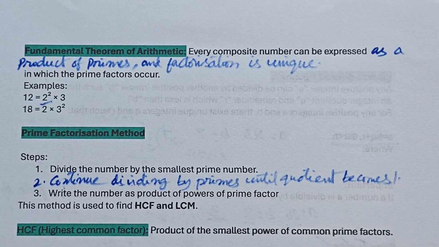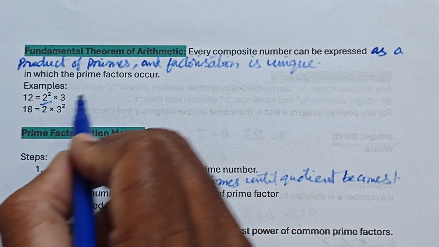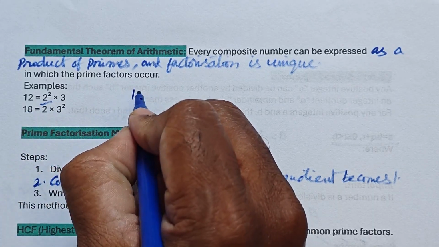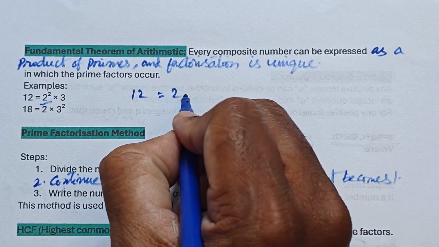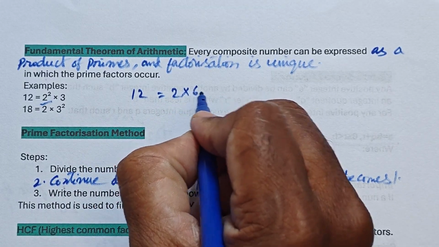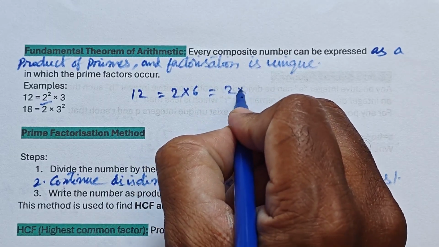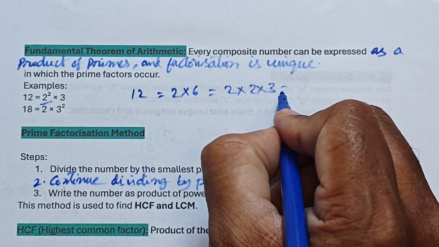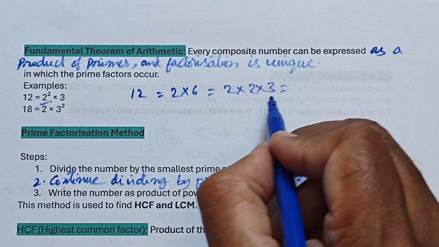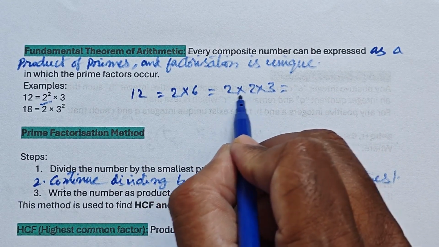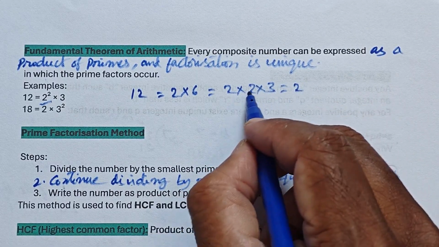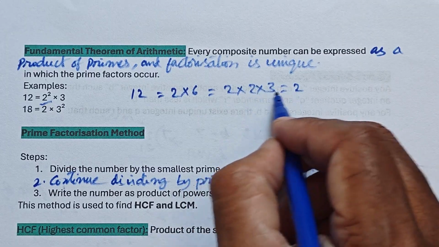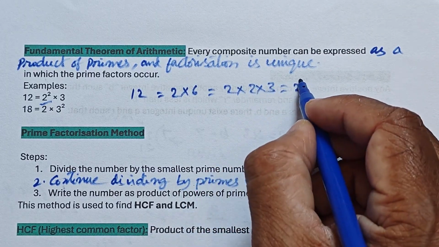Okay, so now here we have an example. 12 is equal to, we know it, any number ending with a 2 is divisible by 2. So 2 into 6, and we know 6 can be written as 2 into 2 into 3. While writing it in the power format, I always take the least possible number first, and then if it is present in multiple places in the product, how many times it is present?